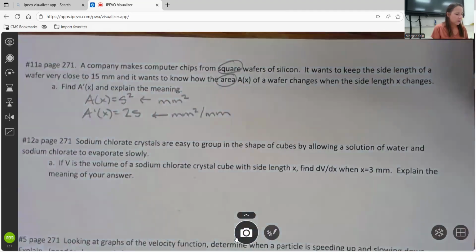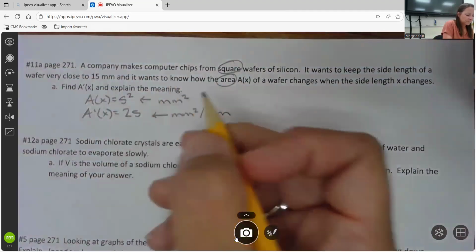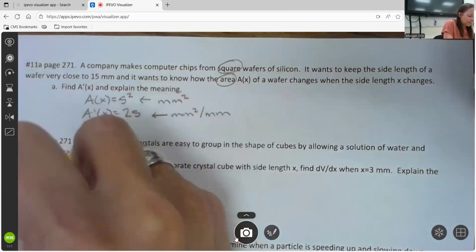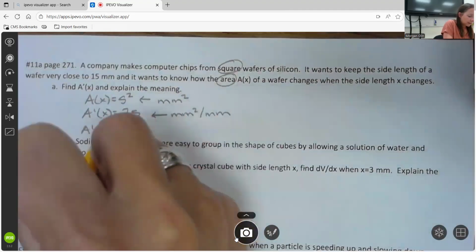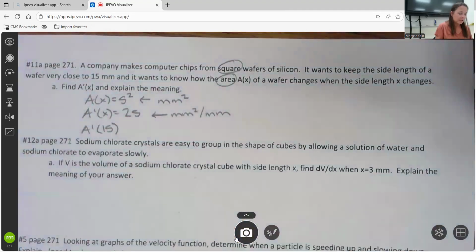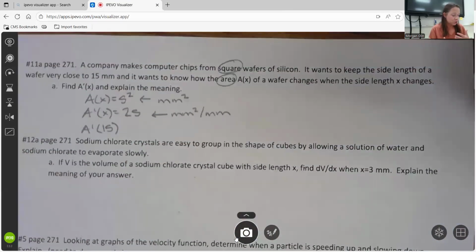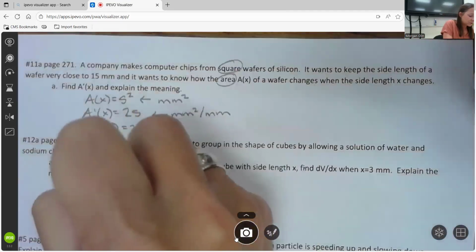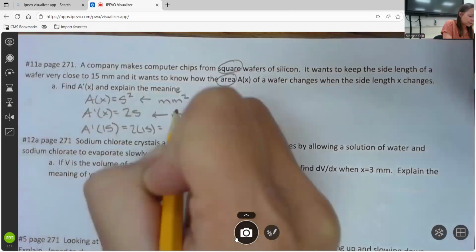So if I wanted to find when it's changing, say if I plug in 15, 2 times 15 is going to give me 30.